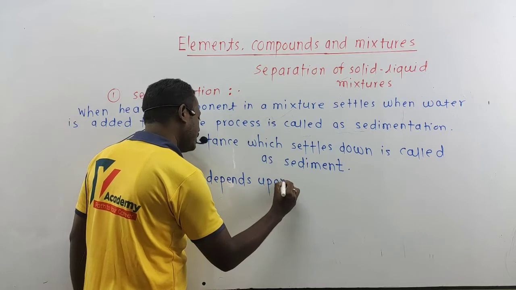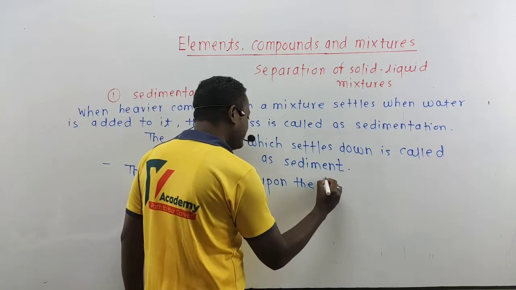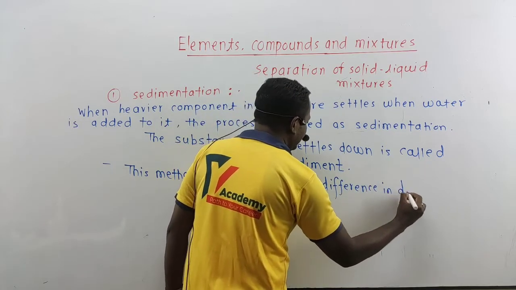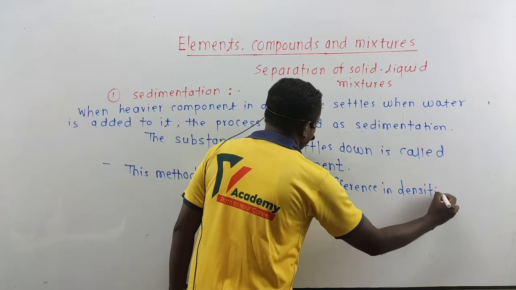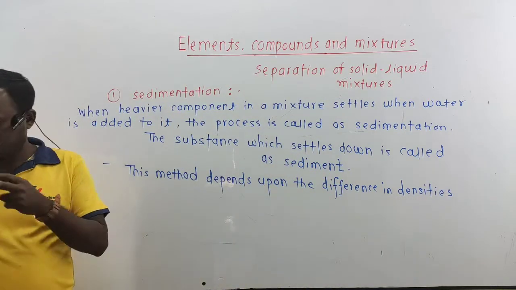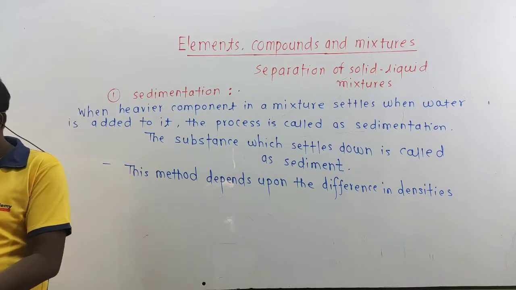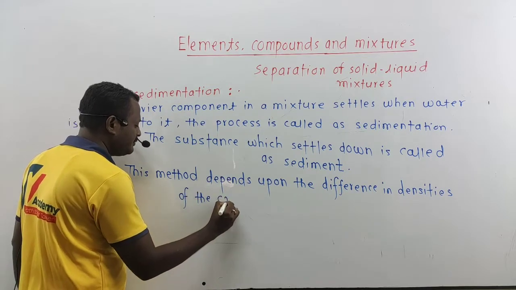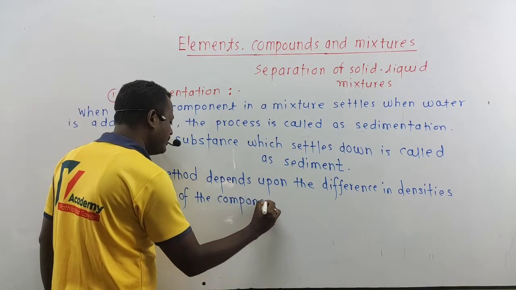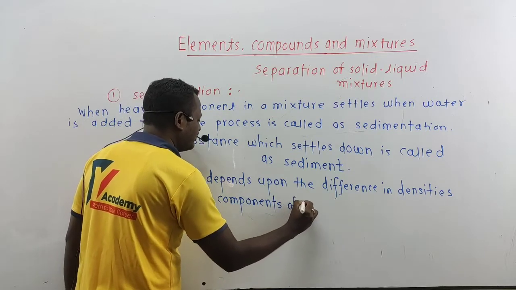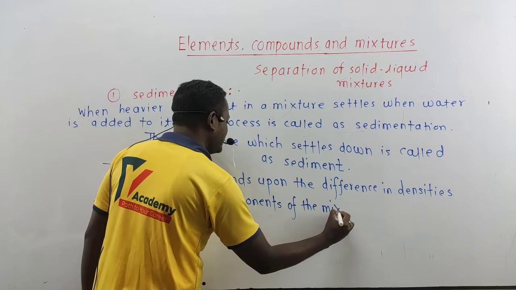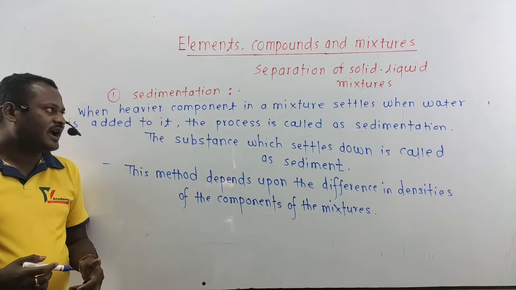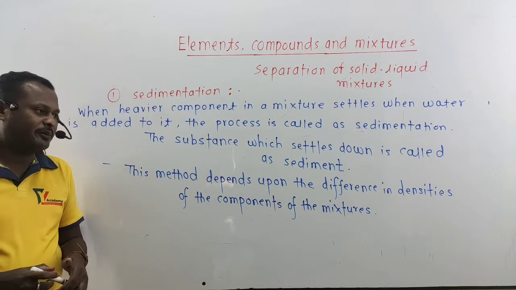The difference in densities of the components of the mixture. Because of this difference in the densities of the components in the mixture, separation takes place in this method of sedimentation.